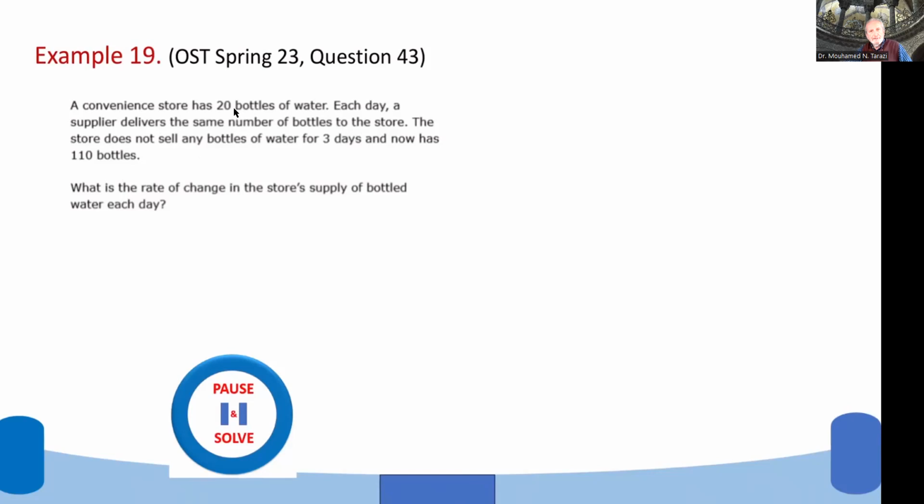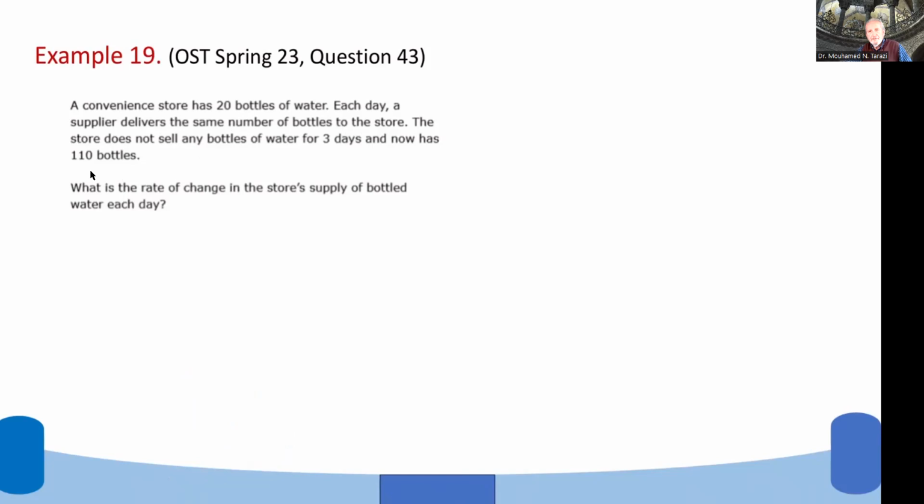So you started with 20, and now you have 110 after 3 days. So that is really simple. 110 minus 20 divided by 3 days, and you get 30 bottles of water every day.